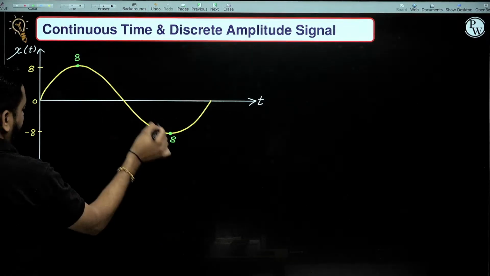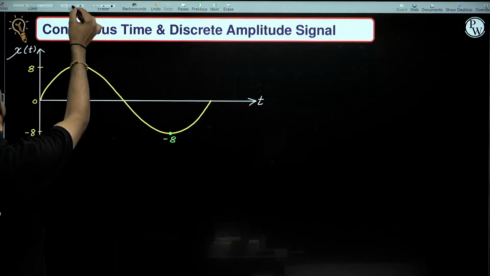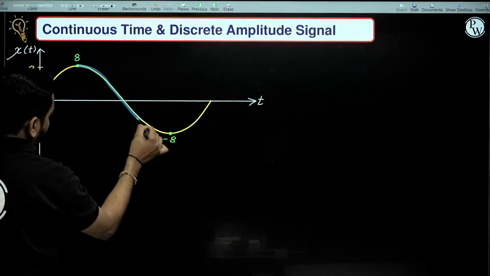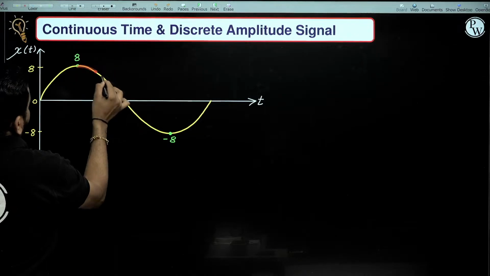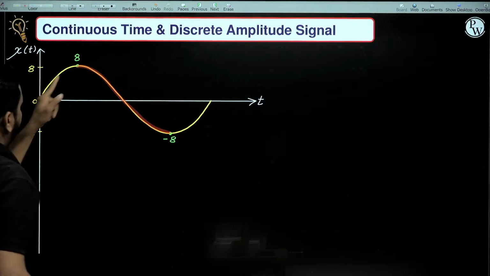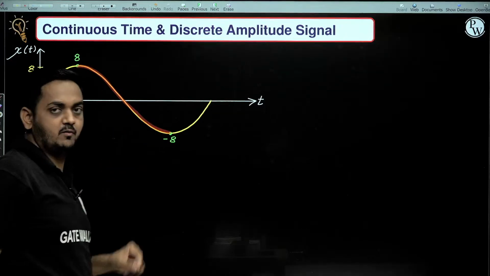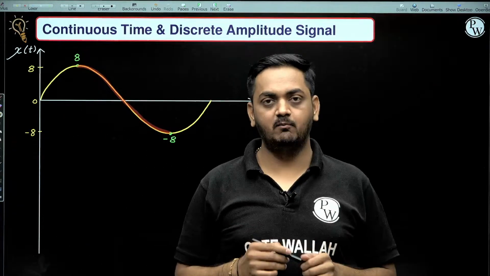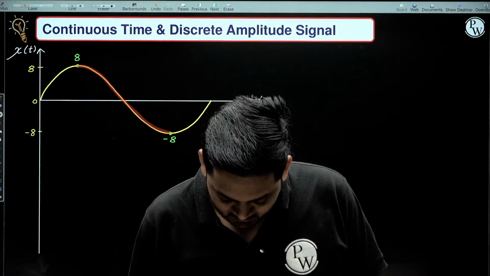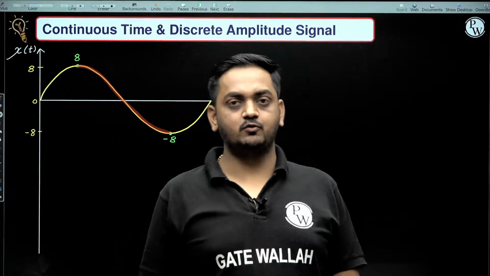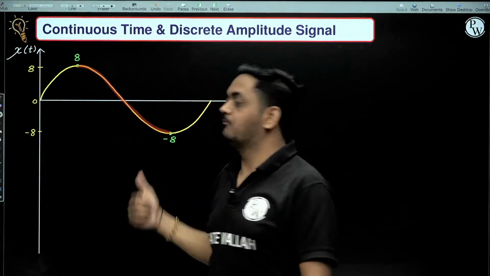So from 8 to minus 8, how many amplitudes are possible from this point to this point? Tell me the number of amplitudes from 8 to minus 8.